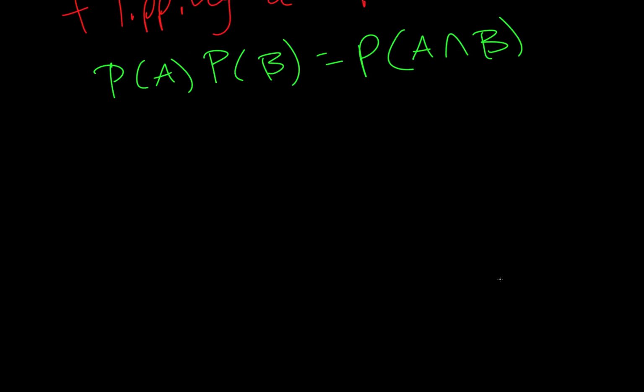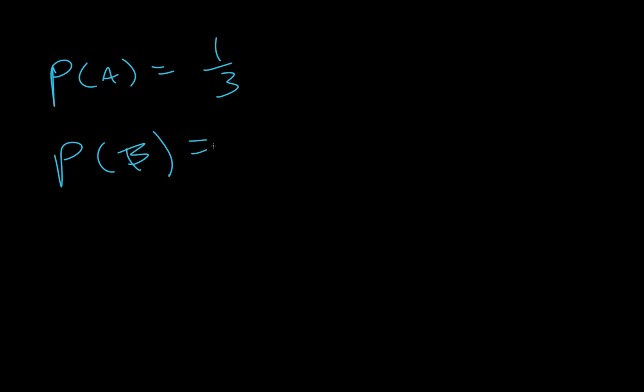Okay, so let's put this into practice. Let's say P of A equals 1/3, P of B equals 1/2, and P of A intersect B equals 1/6.